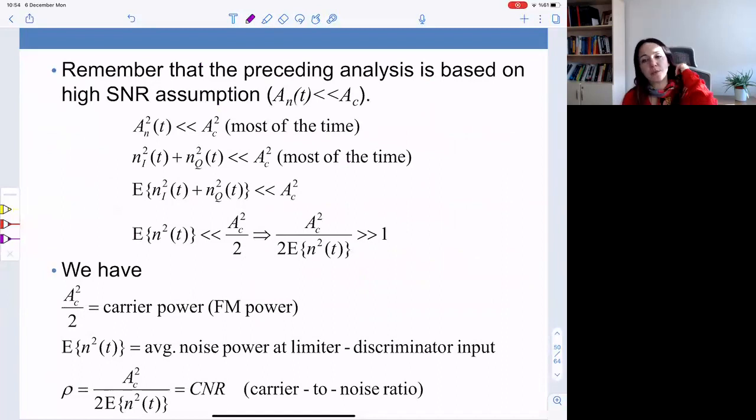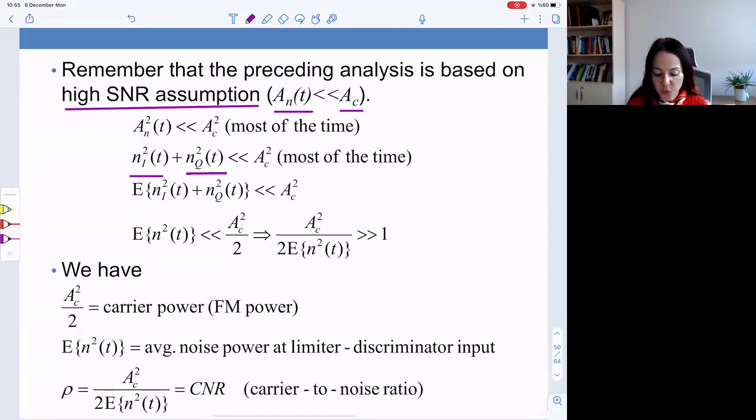Okay, but before, just a word of caution. Notice that the preceding analysis has been based on the high SNR assumption, which is that the noise amplitude is much less than AC. Okay. And that Ni squared plus Nq squared is much less than AC squared most of the time.